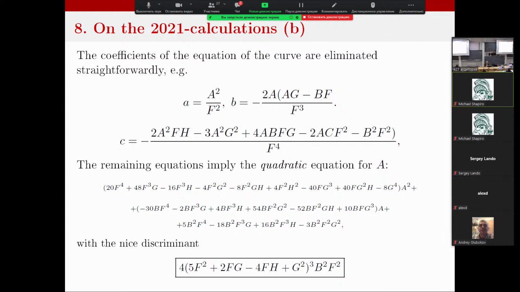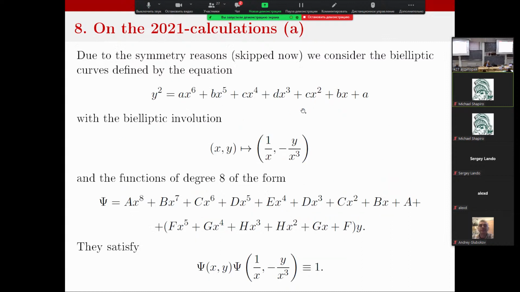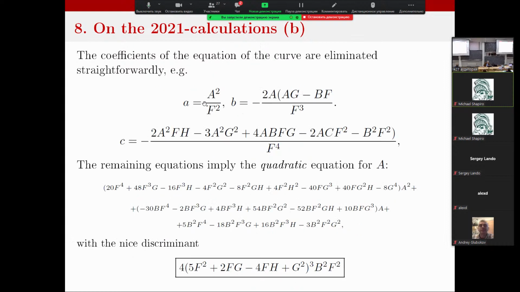In these calculations, we reverse the process and express the coefficients of the curves, which, may I remind you, are small letters, in terms of the capital letters that are the coefficients of the functions.